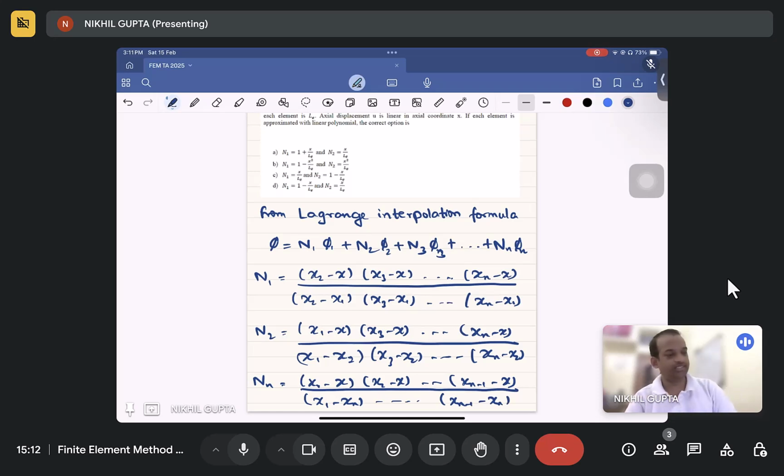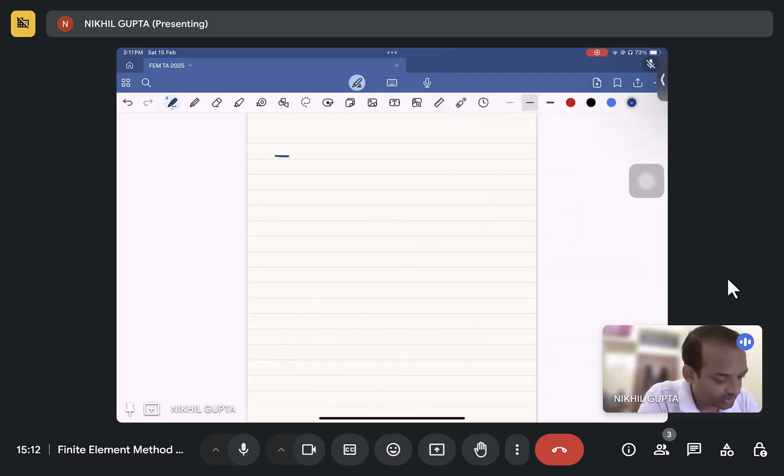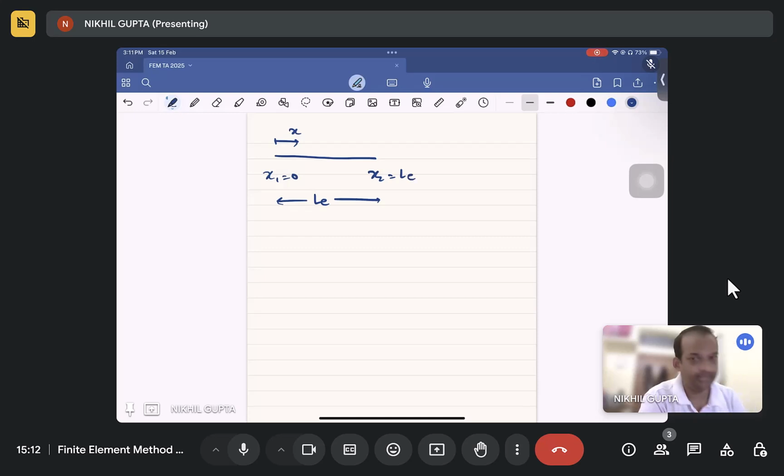So if you use this Lagrangian interpolation formula for our problem, this is our bar where x1 equals 0, x2 equals L, and this is the coordinate system where x is going and the total length is Le. So this will be Le.